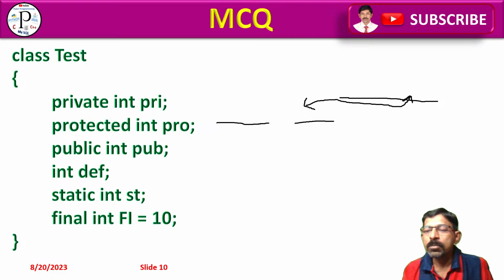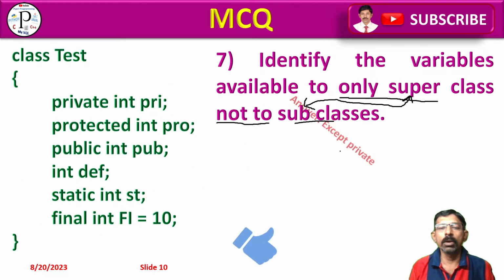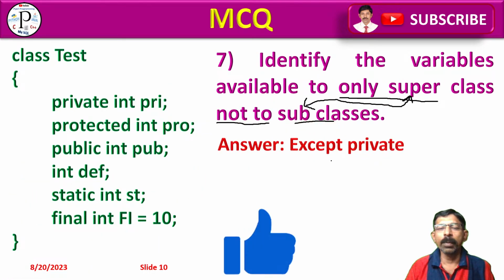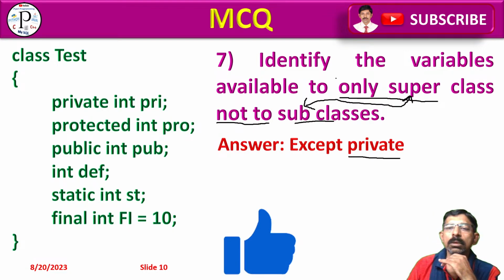Okay, so look at that. Except private, everything will be available to the superclass. This is available to the superclass because it's its own member.